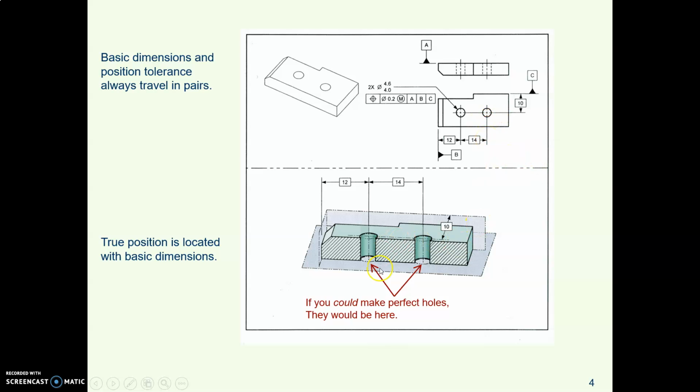If you could make perfect holes, they would be there. So we put basic dimensions on them. Then the position tolerance describes how far away from true position we're allowed to vary. So position tolerances and basic dimensions travel in pairs. Here's the true position. Here's how far away from it you can vary.